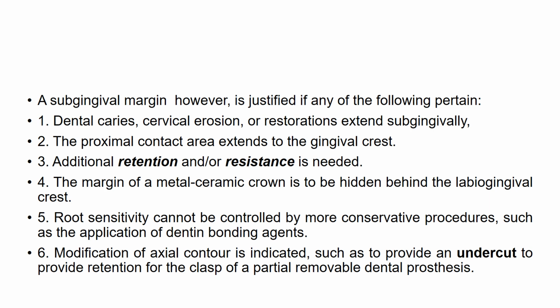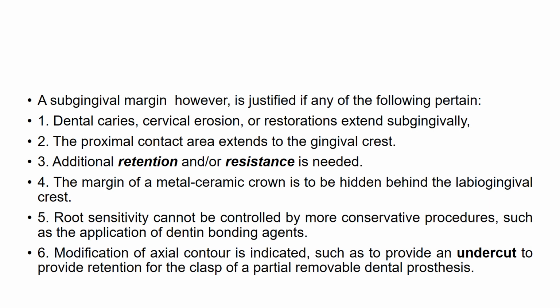Then we have modification of the axial contours, which is indicated, such as to provide an undercut for retention for a clasp. Sometimes these PFM crowns and PFM bridge retainers also act like the retentive tooth for a cast partial denture or an acrylic partial denture, where a clasp needs to be designed and put on these teeth.